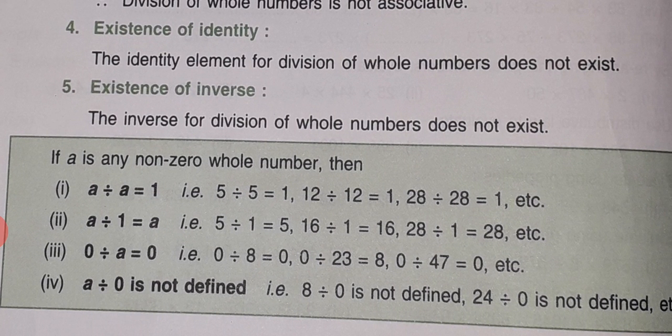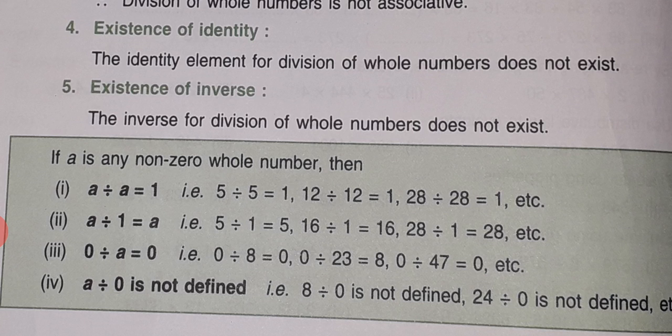If a is any non-zero number, then a divided by a is equal to 1. If you take a as 5, then 5 divided by 5 is equal to 1, 12 divided by 12 is equal to 1, and so on. Remember, a divided by 1 equals a.